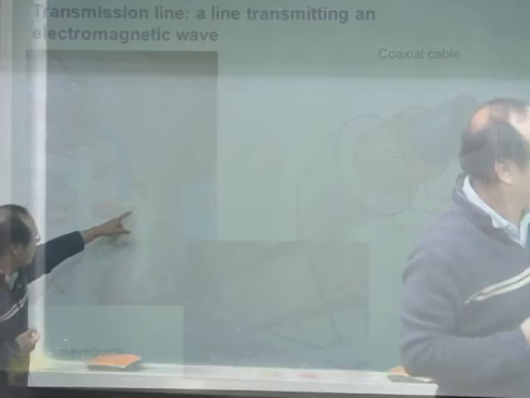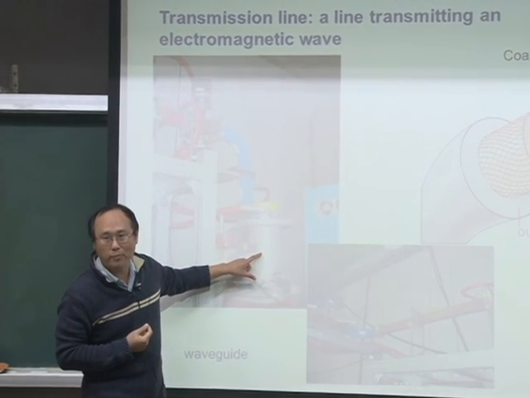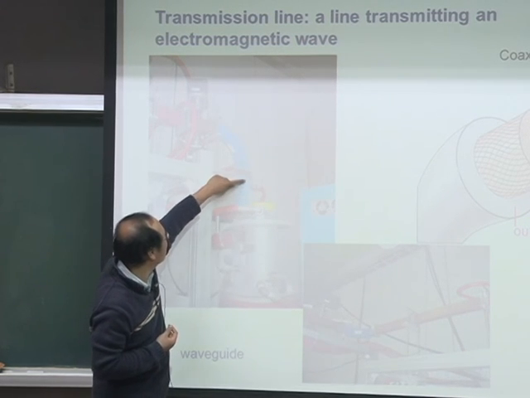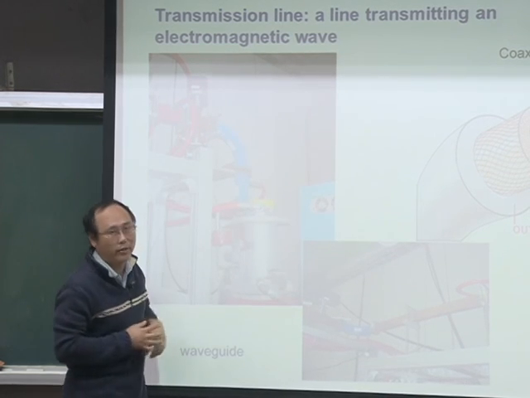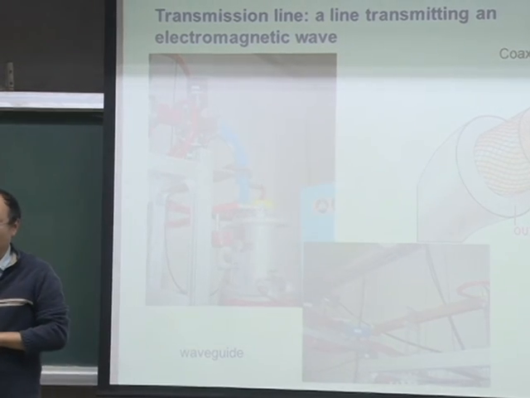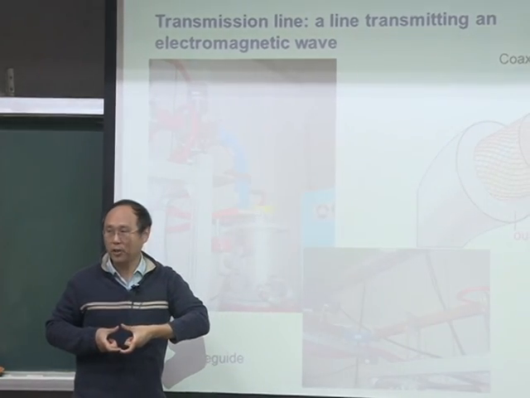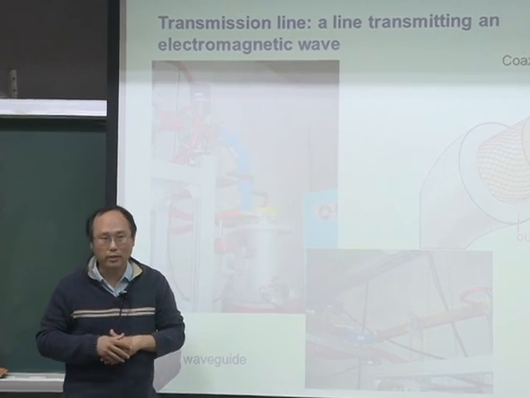For example, this is a microwave source, a big microwave source producing megawatt level radiation. And then you connect it with a hollow waveguide from one end to some application you want. So the transmission line can be actually quite big, with some hollow structure inside.